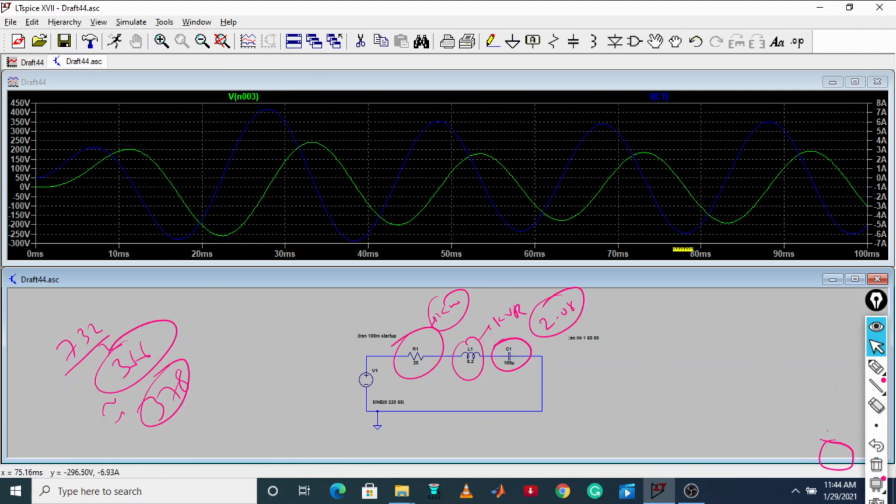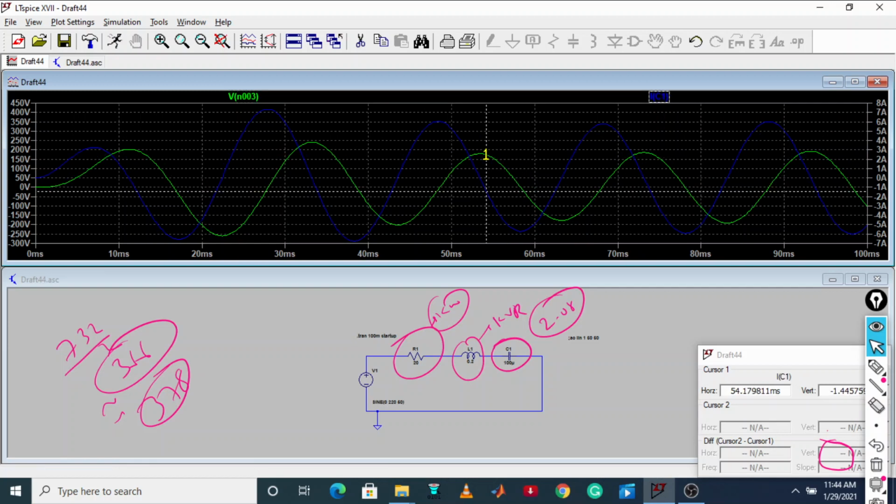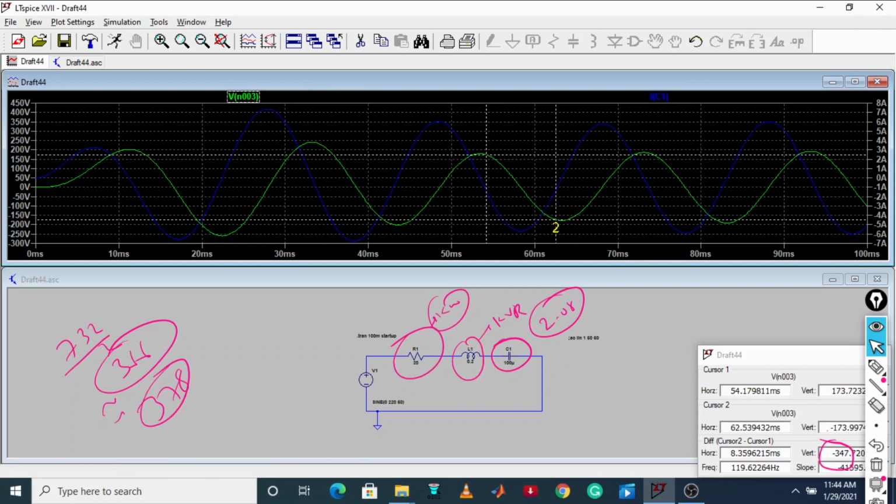If you want to calculate the voltage, just by clicking here and measuring this voltage, the maximum voltage is 178. Now this is the voltage we are calculating. This is your cursor 2 and this is your cursor 1.